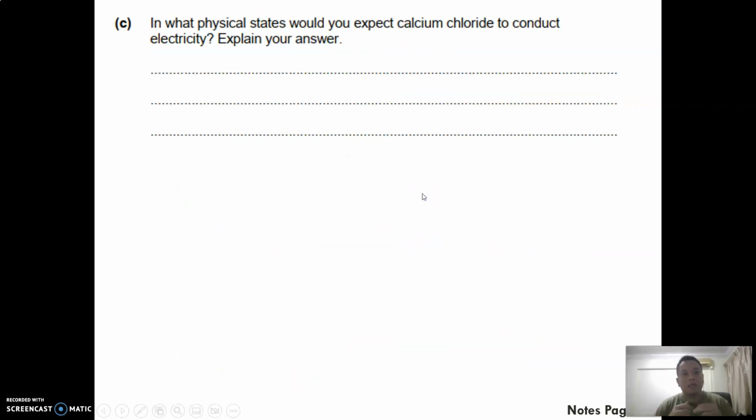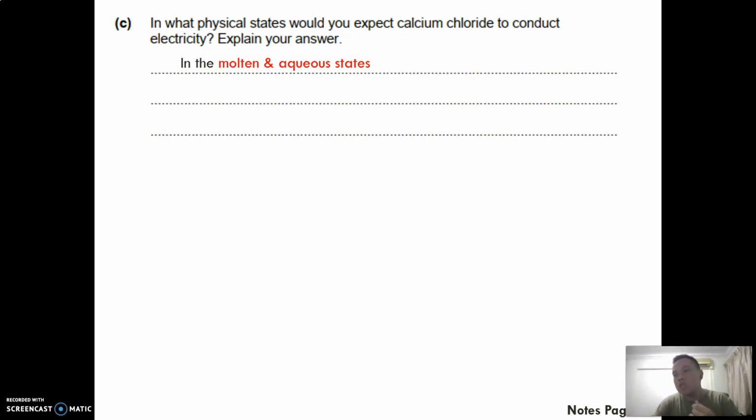The last question is about electroconductivity. What physical states do you expect calcium chloride to conduct electricity? There are 2 physical states in which calcium chloride can conduct electricity, which are the molten or liquid state, as well as the aqueous state.